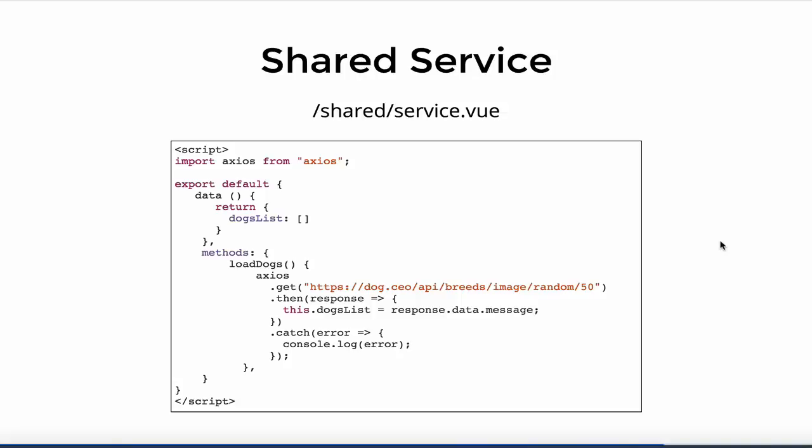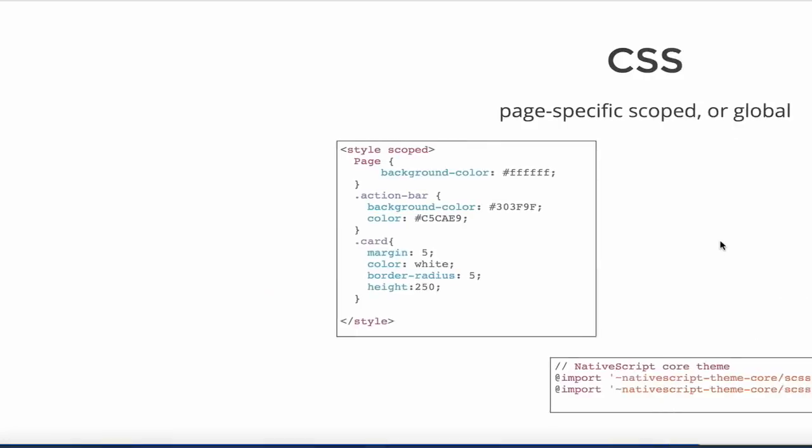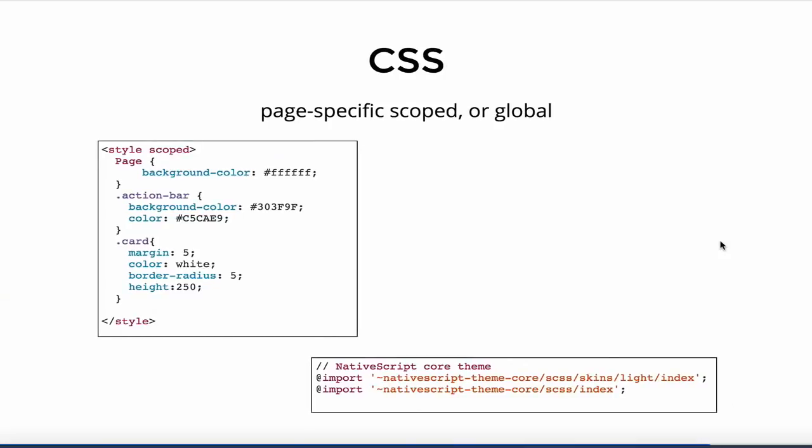We're asking Axios to query this API and give us 50 random dogs from the Dog CEO API. Save that into this dogs list array, and then via the mixin, we're going to pass that into our NativeScript and our web components. And this package also includes support for scoped styles that might be page specific.